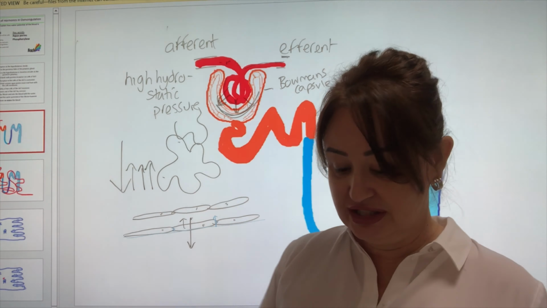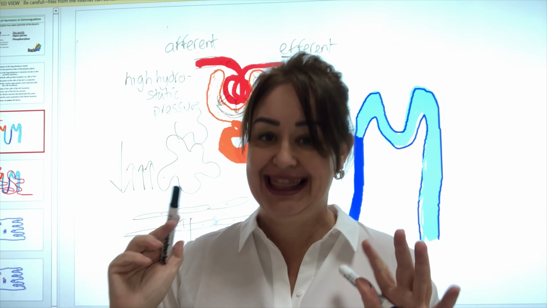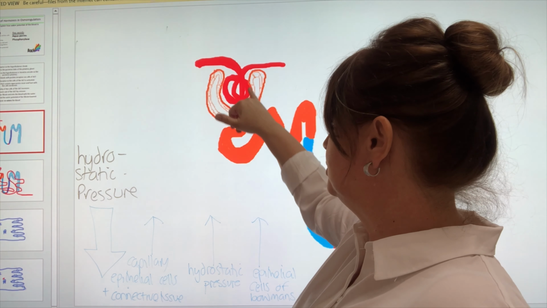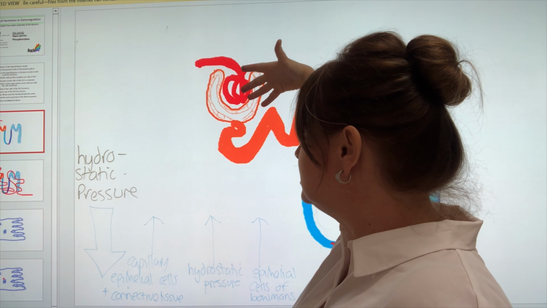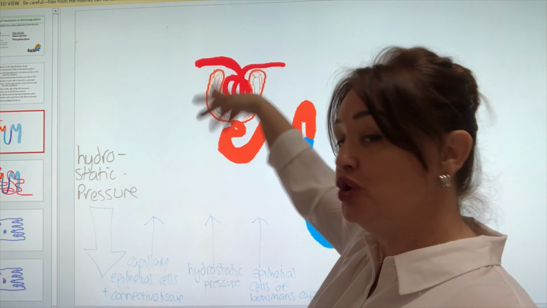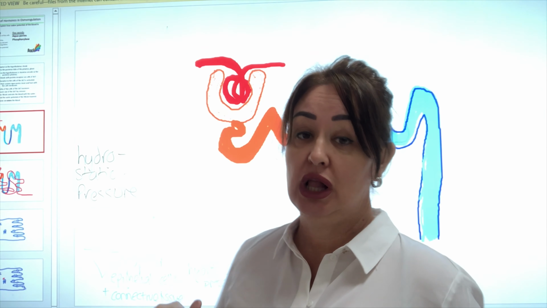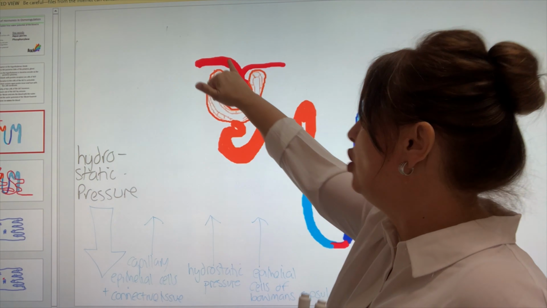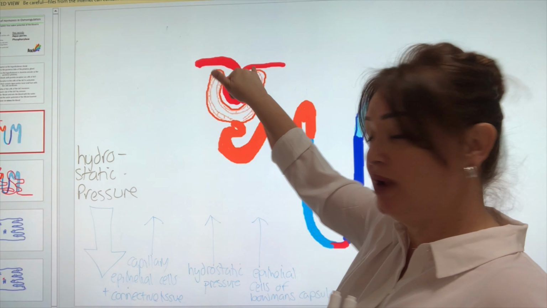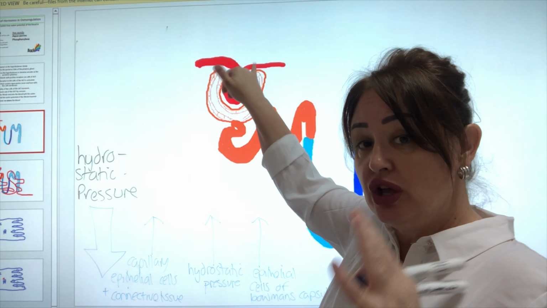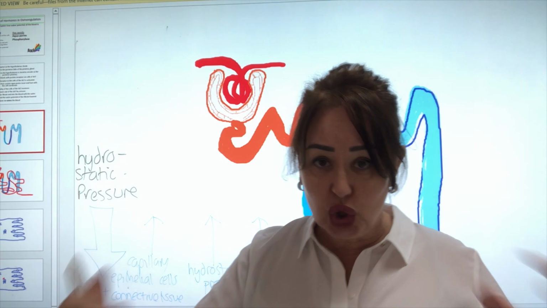And additional to that, I want you to consider this. So when the blood comes through this capillary and the water, the ions, the glucose, the urea are lost into this Bowman's capsule by ultrafiltration, what is left behind is a very low level of water and a very high level of those blood components that couldn't leave.